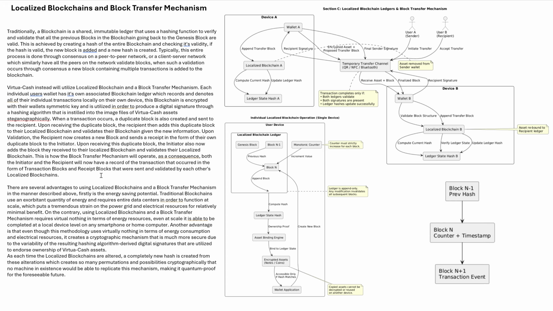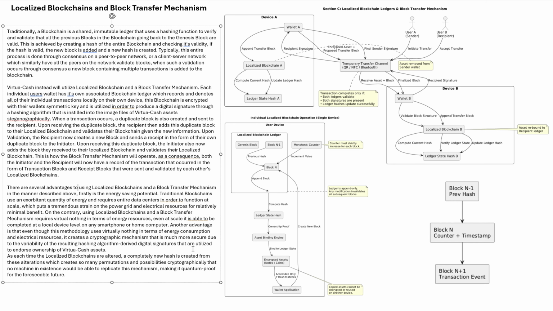Upon receiving this duplicate block, the initiator also now adds the block they received to their localized blockchain and validates their localized blockchain. This is how the block transfer mechanism will operate. As a consequence, both the initiator and the recipient will now have a record of the transaction that occurred in the form of transaction blocks and receipt blocks that were sent and validated by each other's localized blockchains.